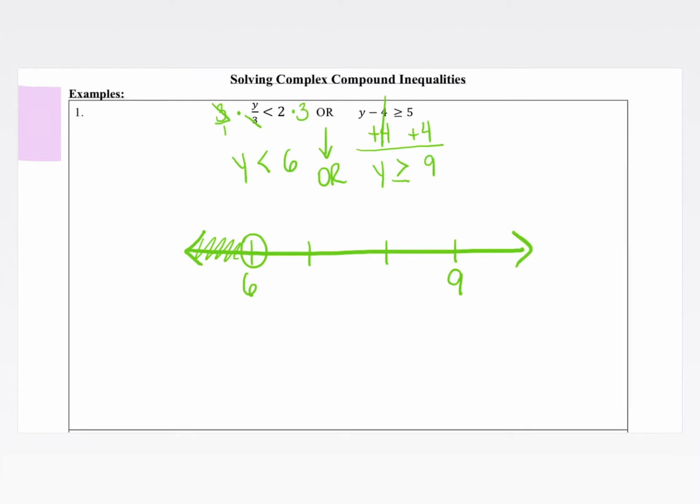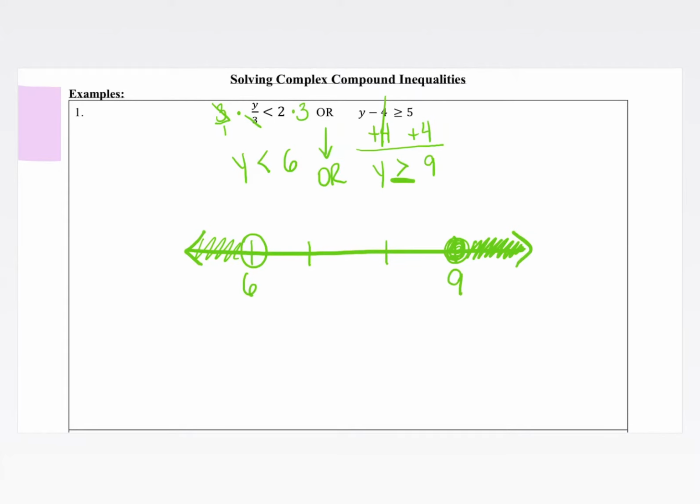Since y is greater than or equal to 9, this is a closed circle. We see that equal bar underneath it, so we know that our circle must be closed, stating that 9 is a possible solution. Since y is greater than or equal to 9, we're going to shade to the right because it's all the values that are 9 or bigger.